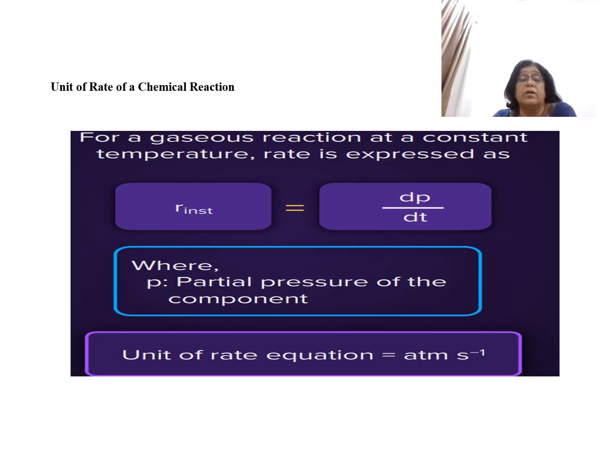Clear? Okay. Now, for a gaseous reaction, what will be the unit? So, for the gaseous reaction at constant temperature, the rate is expressed as r instantaneous equal to dP by dt. So, instead of dC by dt, you have dP by dt, and P is partial pressure of the component. So, the unit of the rate becomes atmosphere per second, right?